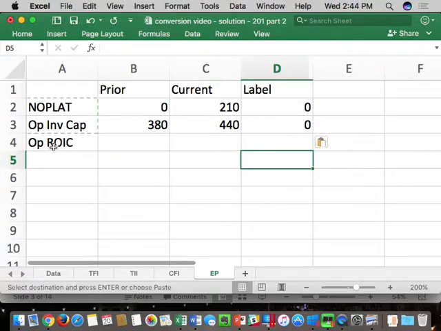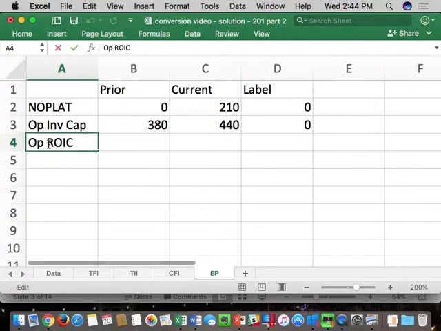Now, here's the thing. What you're going to do on the homework assignment and on the midterm exam is it's actually going to be called BOY ROIC. BOY stands for beginning of year, right? As opposed to EOY, which would be end of year.